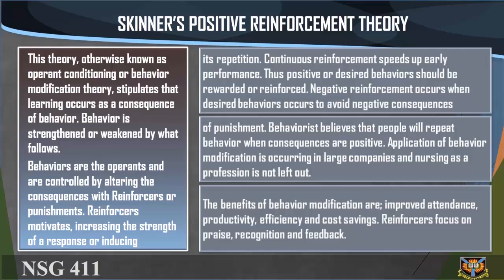Reinforcers motivate, increasing the strength of a response or inducing its repetition. Continuous reinforcement speeds up early performance. Thus, positive or desired behaviors should be rewarded or reinforced. Negative reinforcement occurs when desired behaviors occur to avoid negative consequences of punishment.